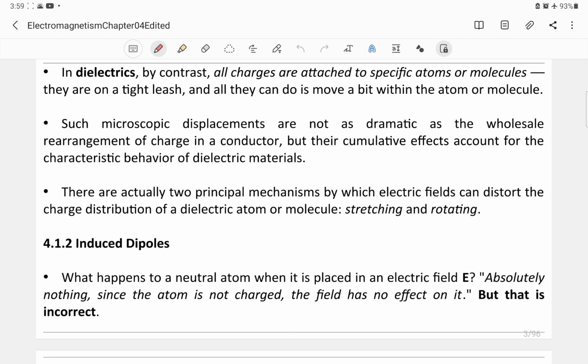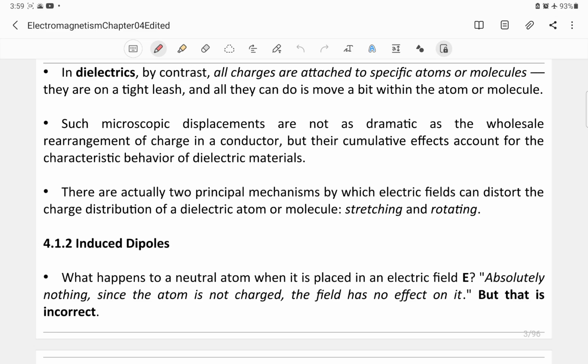For dielectrics, unlike the conductors, all of the charges are owned by or possessed by specific atoms. They cannot move around, so they respond to electric fields differently.